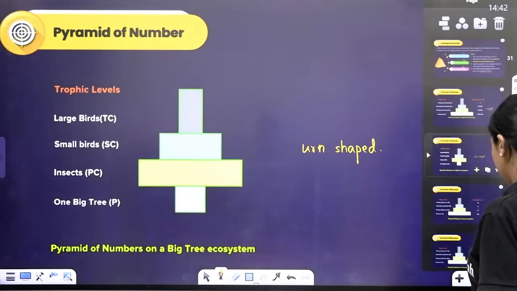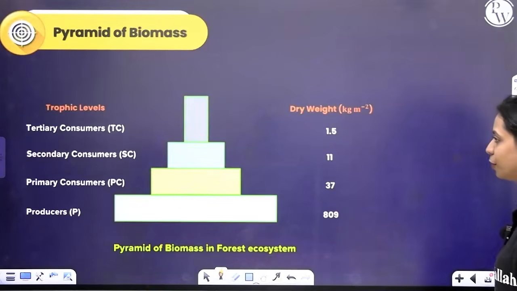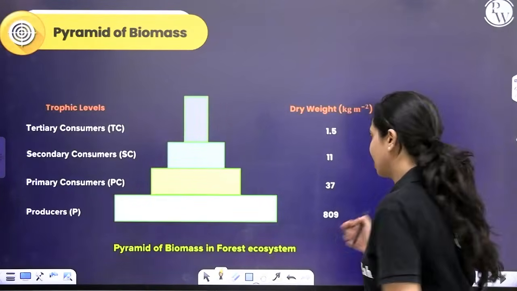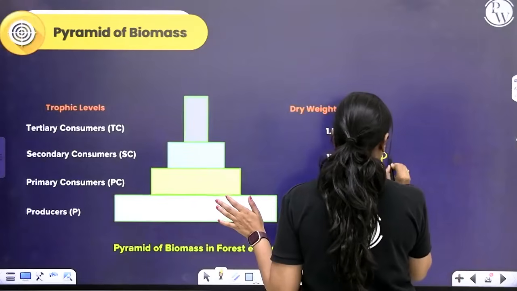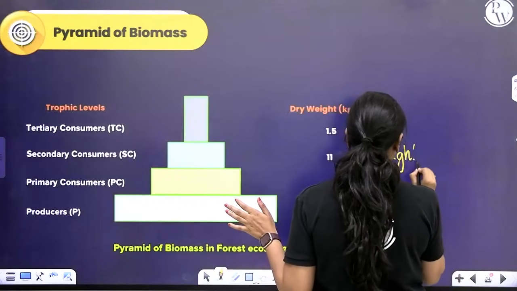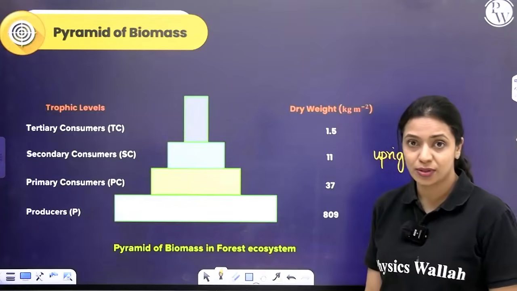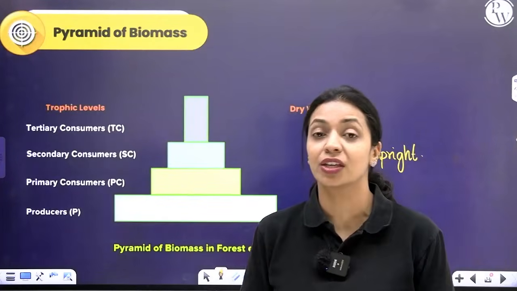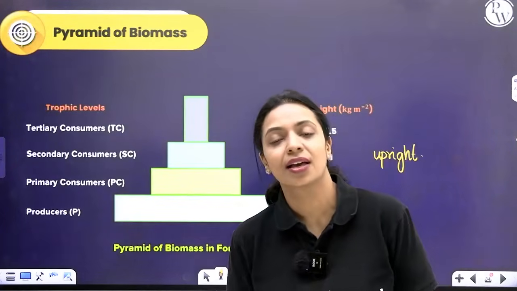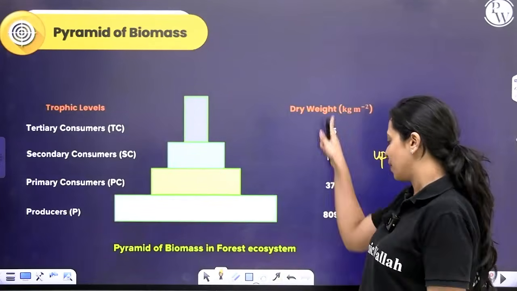Okay. Now let's talk about the pyramid of biomass. This is also generally upright, as you can see here. Upright generally in most cases. Here we are looking at a pyramid of biomass in a forest ecosystem. Of course, if you're talking about a forest, you have a huge number of large trees. So, of course, the biomass of them is going to be very high.